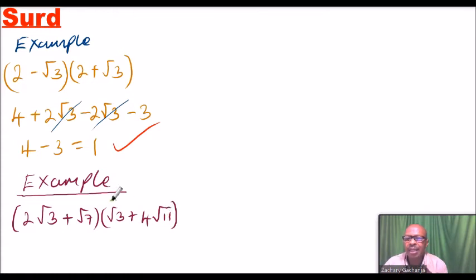Have a look at this. With this example, you can see we have a mixed number root. Here we have 7, here we have root 11.